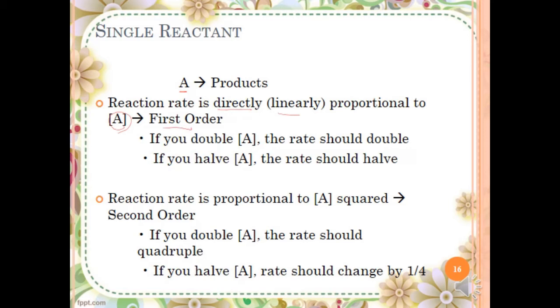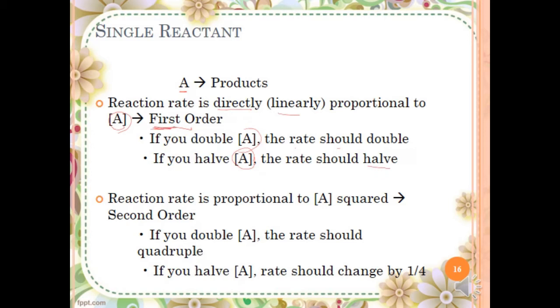If you double the concentration of reactant A, the rate should also double. If you halve the concentration of reactant A, the rate should also halve. So that is first order.